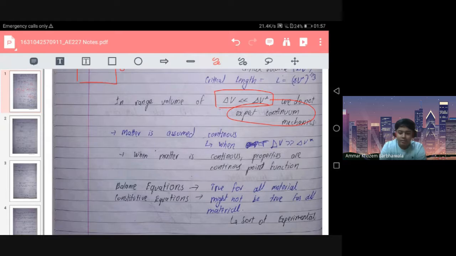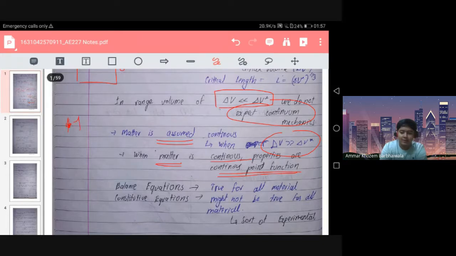Matter is assumed continuous when the volume we are considering is a lot larger than the critical volume, V star. When we assume that continuum mechanics holds and matter is continuous, then properties are also continuous point functions. If I take the example of density, then at a particular point I have its specific value.